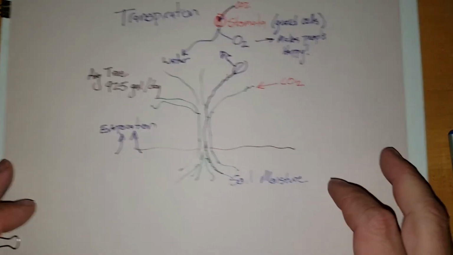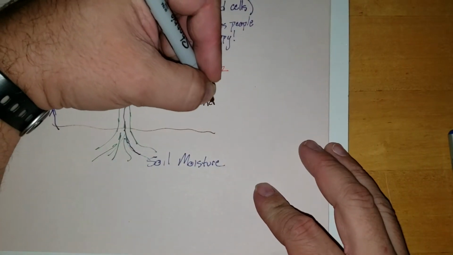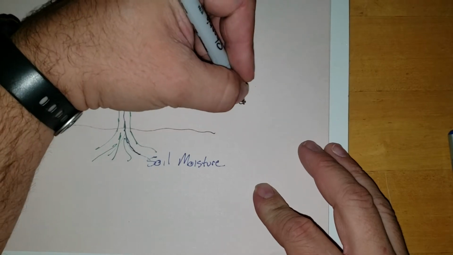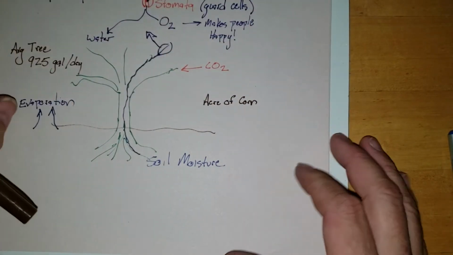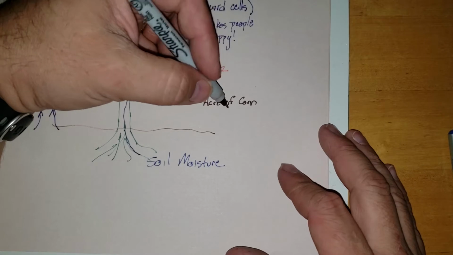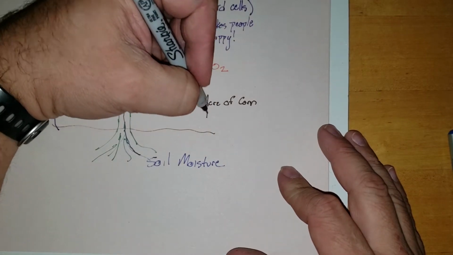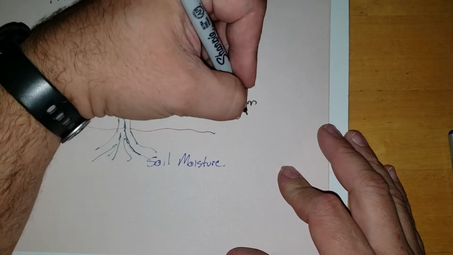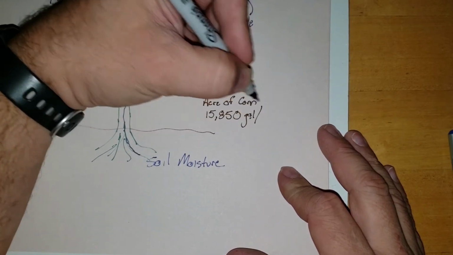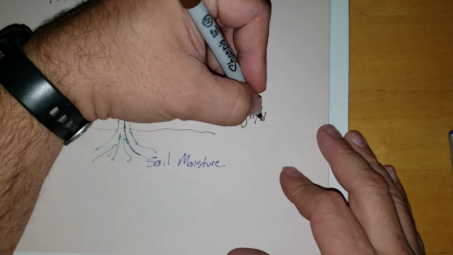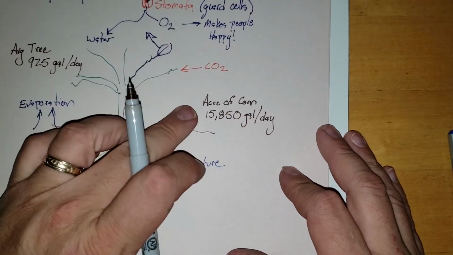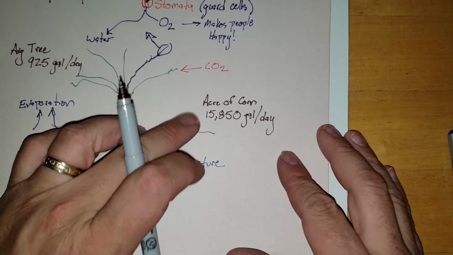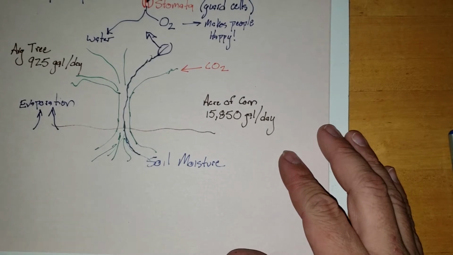But corn, an acre of corn, of which we grow a whole heck of a lot, again in the middle of its growing season, is requiring 15,850 gallons of water per year, per month? No, per day. That is just a bunch of water that it starts to lose.